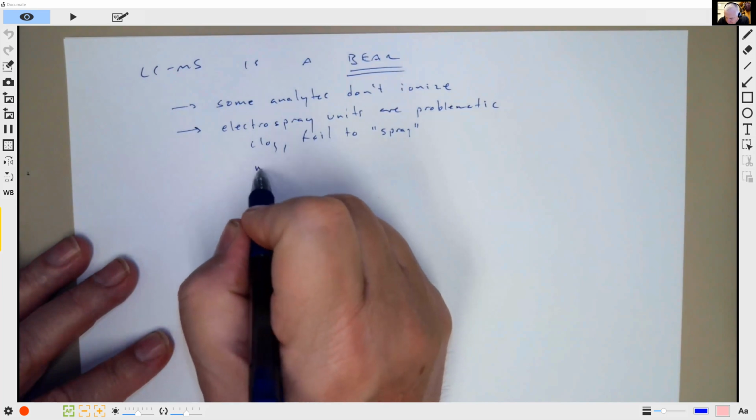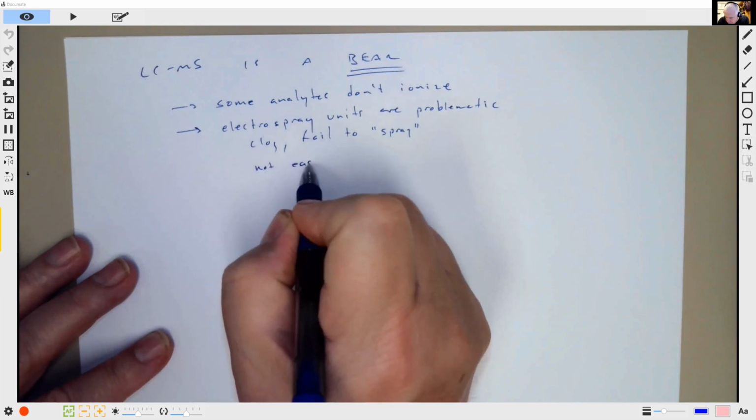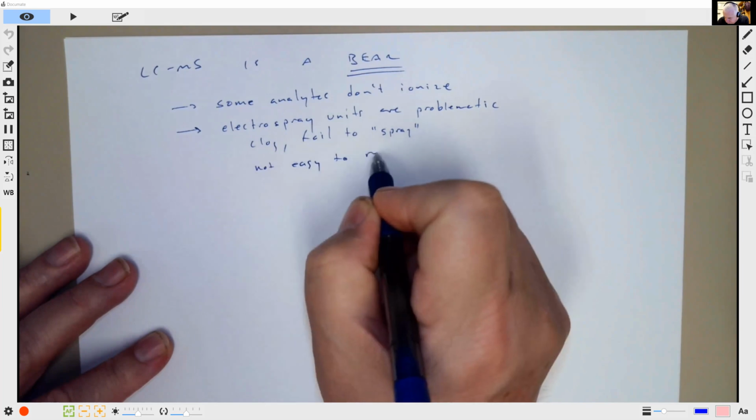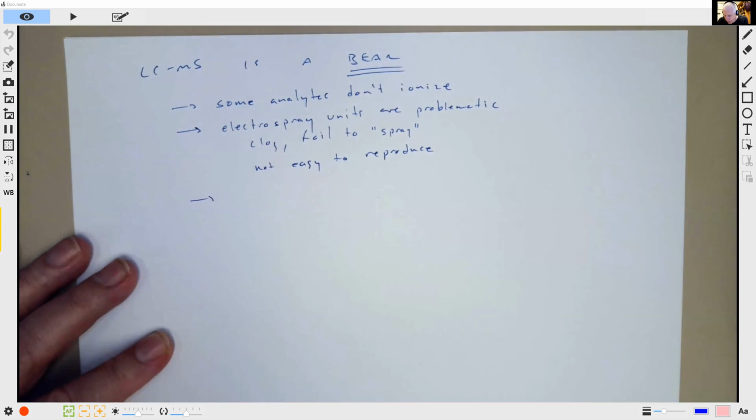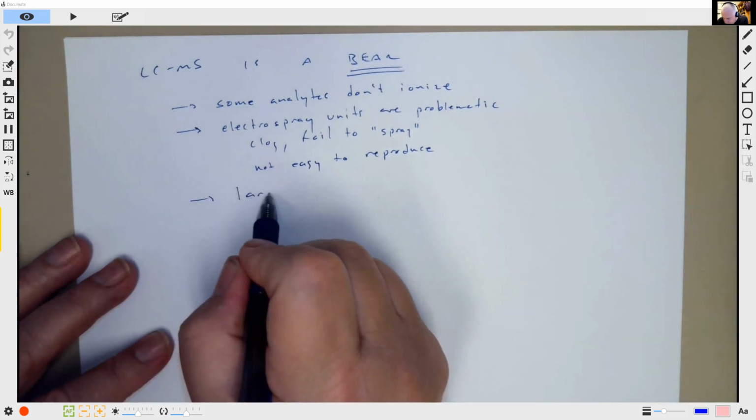They're not easy to reproduce. They always have a large solvent background.